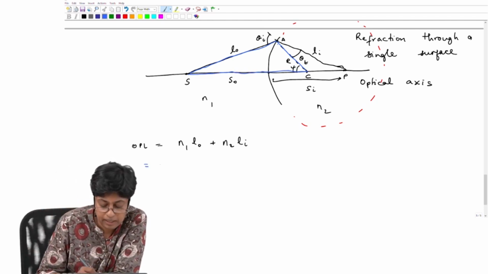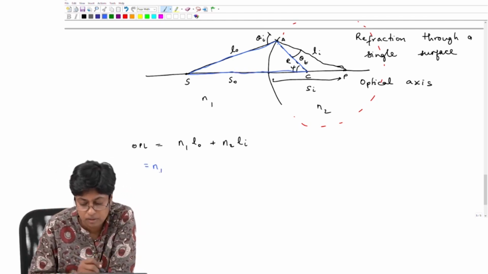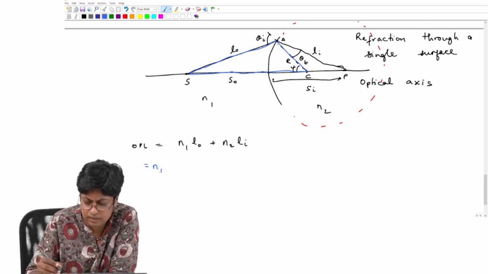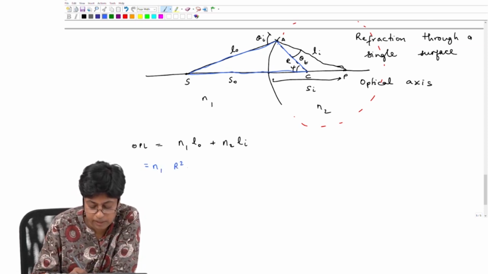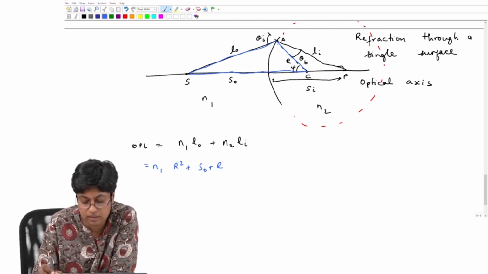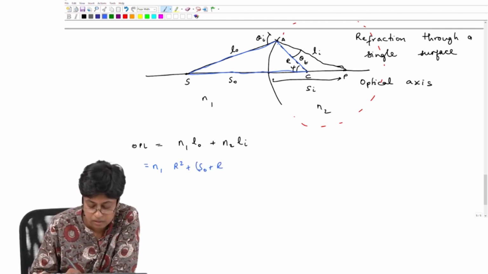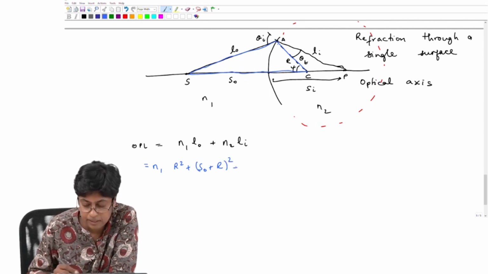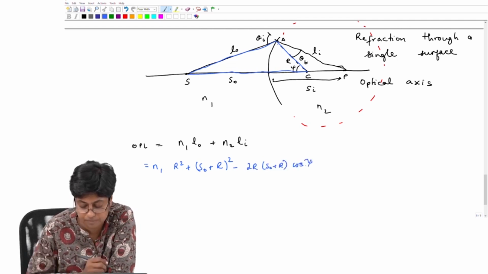So, I will have n1 L0 is R squared plus S0 plus R, this distance is again R, this whole squared minus 2R S0 plus R cos of psi.